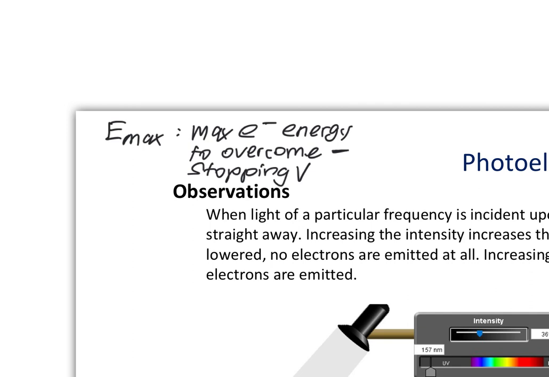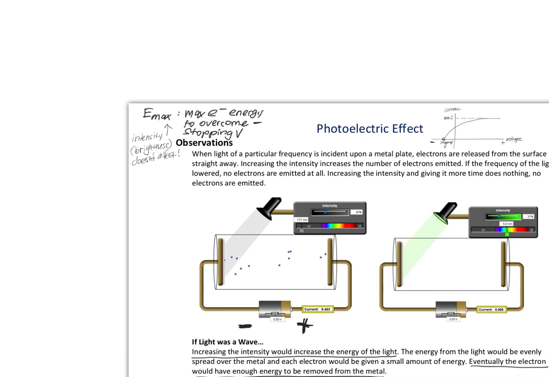And what they found is that the intensity did not matter at all. So there was no effect on that maximum kinetic energy, which is completely opposite to what we know of wave theory. We know that intensity is related to the square of the amplitude of a wave, and that a more intense wave should have more energy and should have delivered more energy to those electrons. That did not happen. So that's one way in which the wave theory was broken.